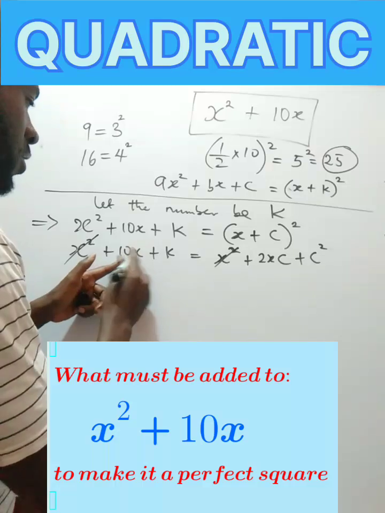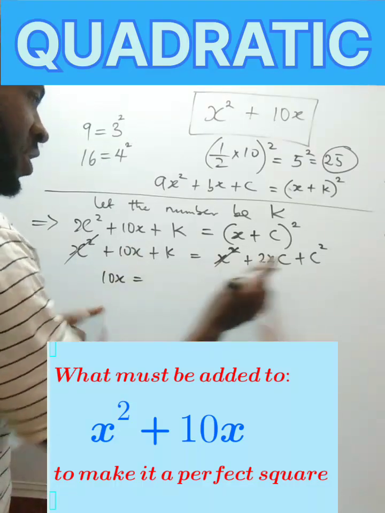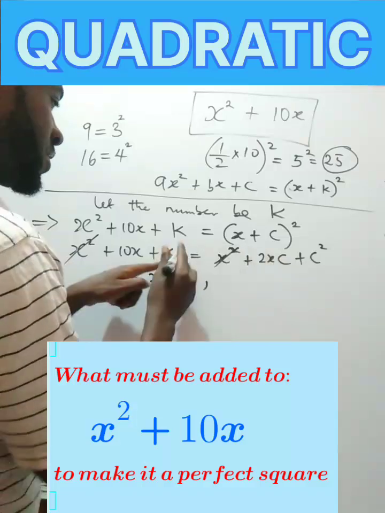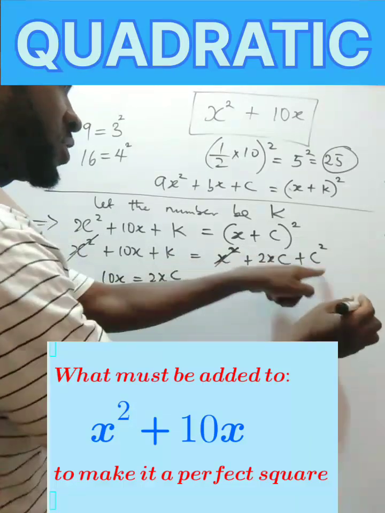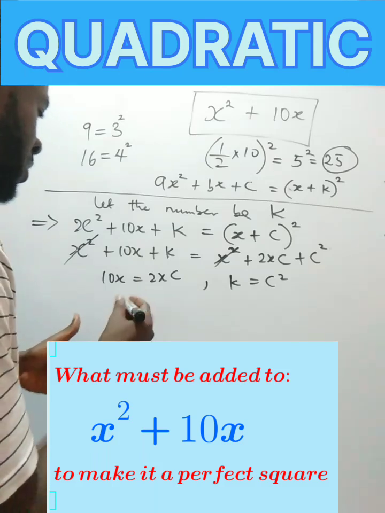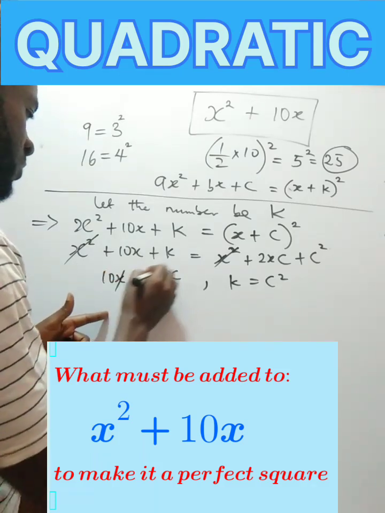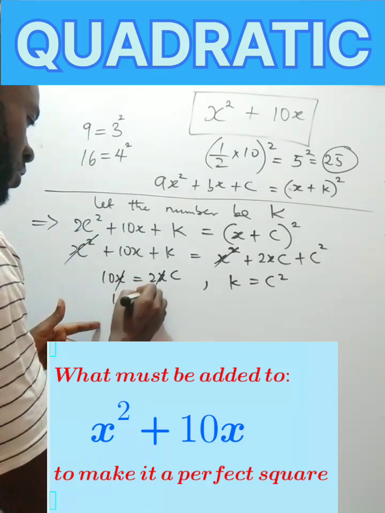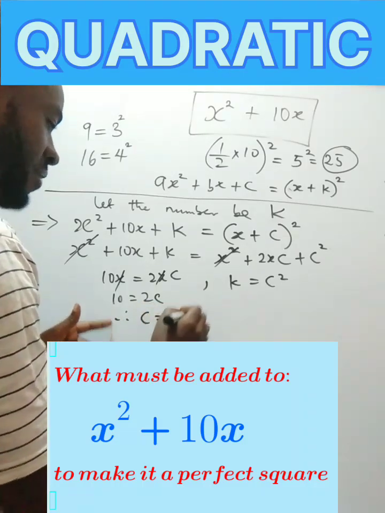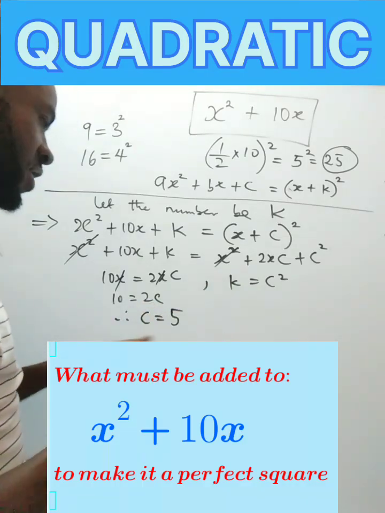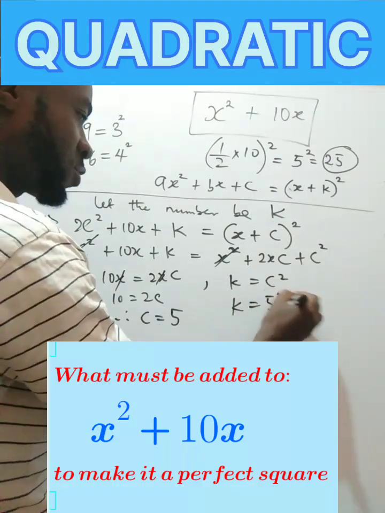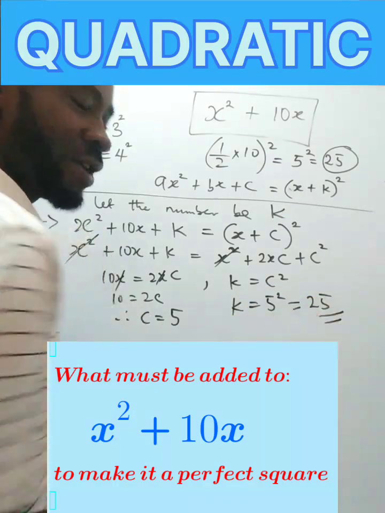The second term, 10x, I compare with this second term, which is 2xc. Also this third term, k, I'll compare with this third term here, which is c squared. Can you see that? Then x will cancel x. I'm left with 10 equals 2c. Therefore, c is equal to 5. If c is equal to 5, that tells us that our k is going to be 5 squared, which is 25.